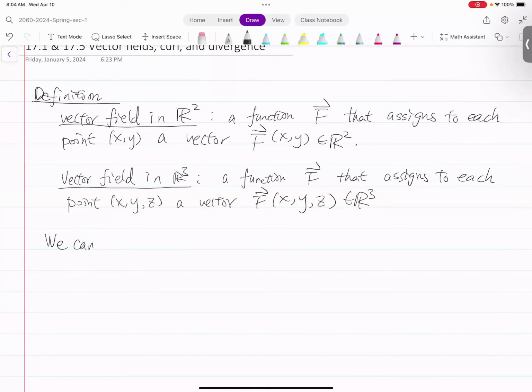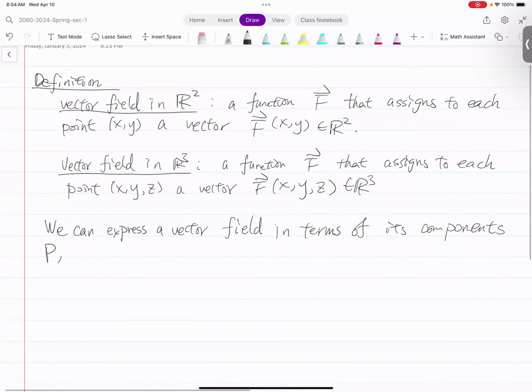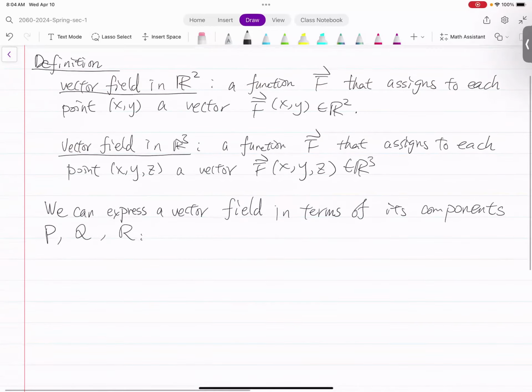We express a vector field in terms of its component functions. We call them P, Q, and R. So we have seen binary functions that are returning you a scalar. Right? We have seen multivariable functions returning you a scalar.